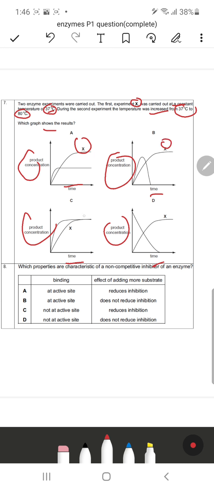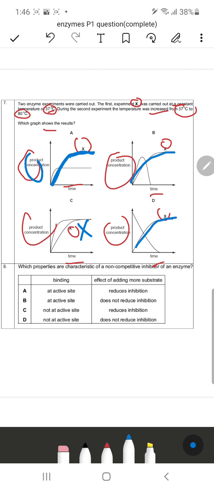So for X, the product will be formed at a faster rate, which can be seen at A. As you can see, the graph is steeper. That means this is the optimum temperature, so products are being formed at a faster rate and more products are being formed, so a higher product concentration is reached. B also shows this trend for X. C doesn't. D also shows this trend.